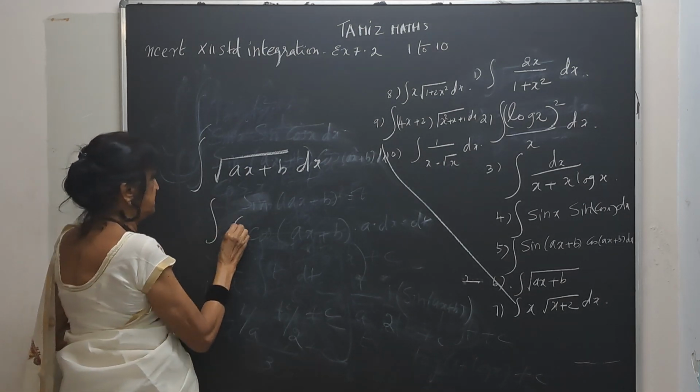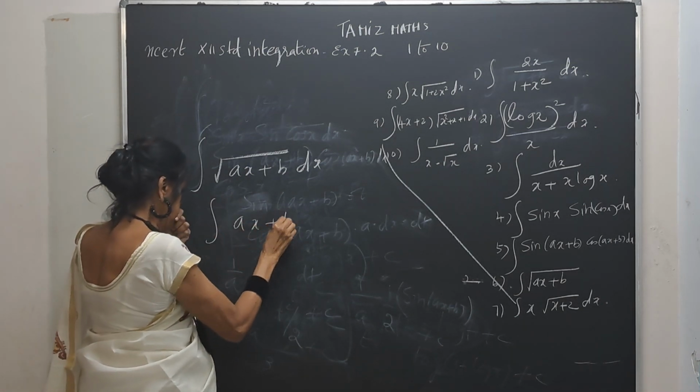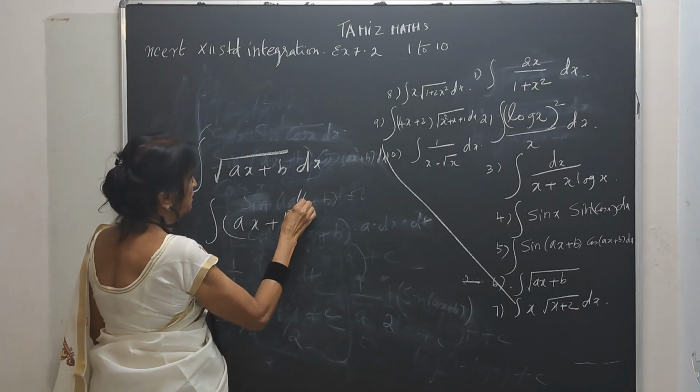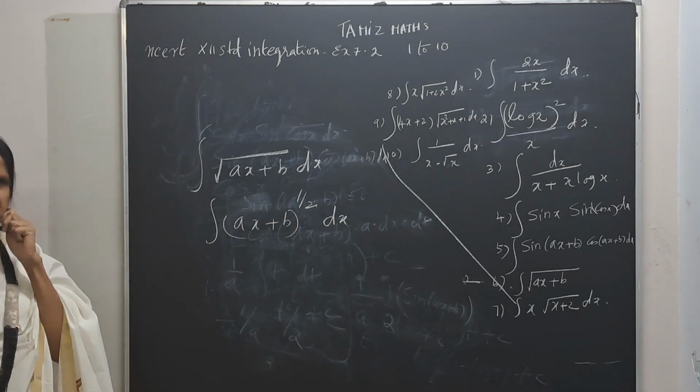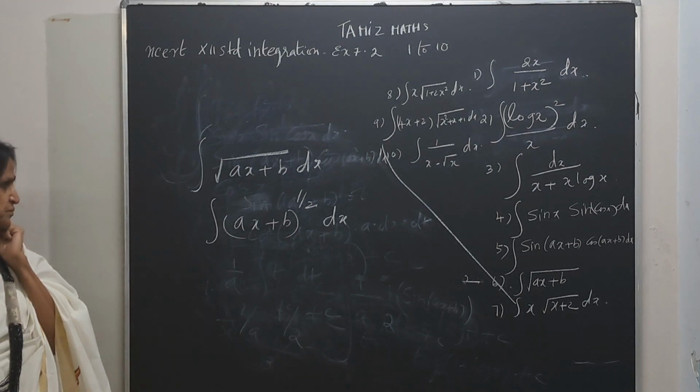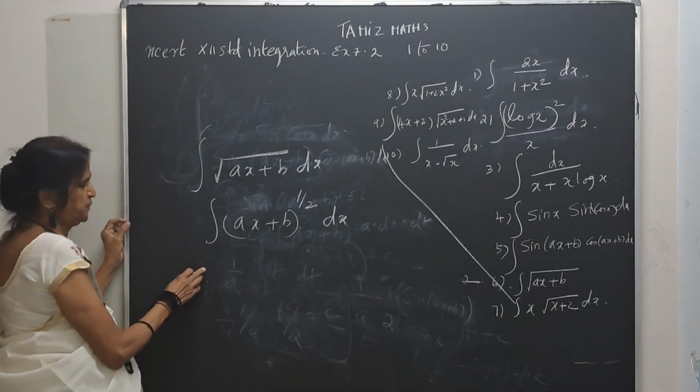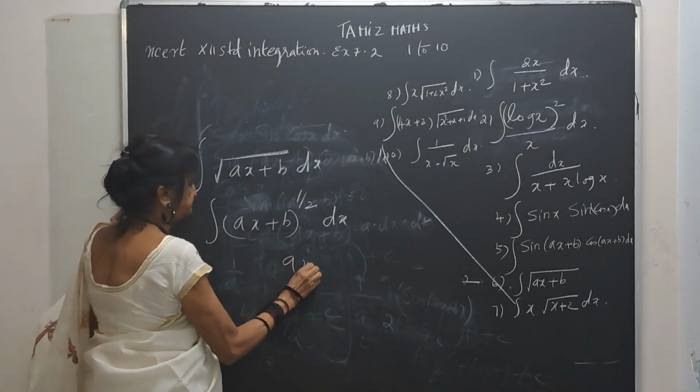So this is integral of (ax plus b) whole power half dx. Now put ax plus b as t.